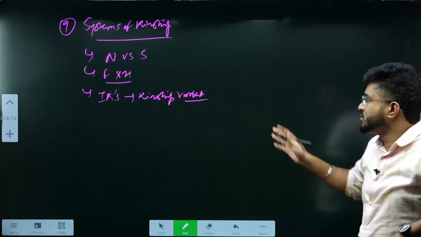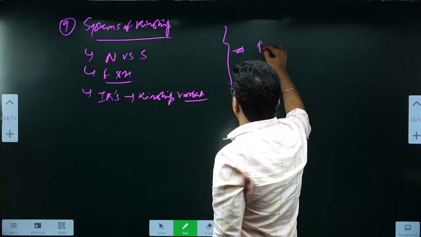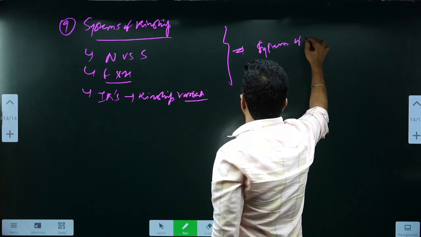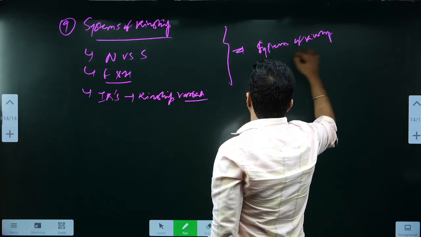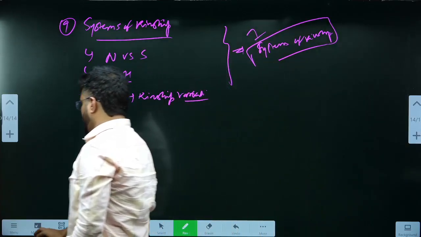So I will suggest you have to cover the systems of kinship part of paper 2, along with chapter 7 of paper 2, along with chapter 9 of your paper 1.